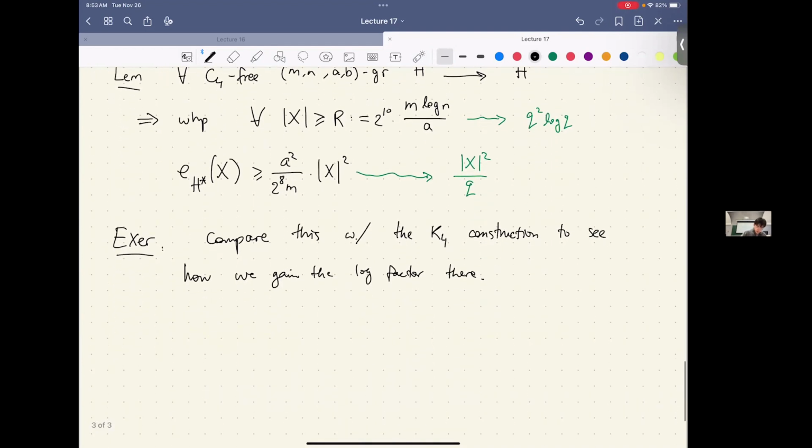Okay. So here's a conjecture by Holland, Mathias, Mubayi, and Verstraete.